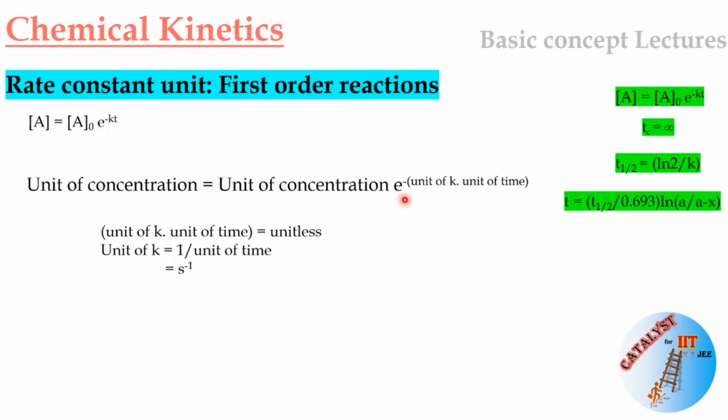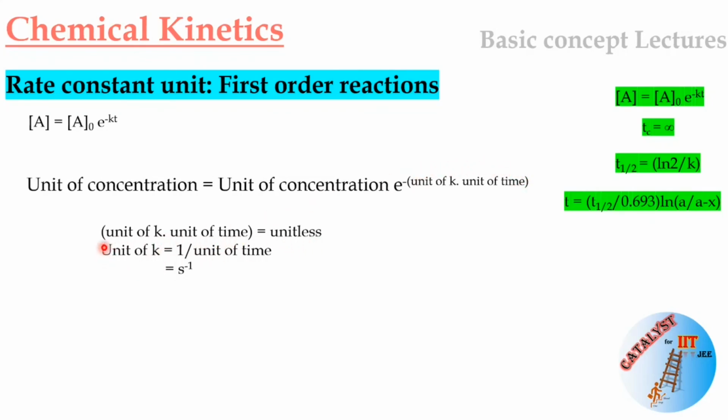But what is important to note here is that for any such exponential factor or exponential part, the whole part must be a unitless number. For exponential, for log, for ln, anything, this should be unitless. So unit of k into unit of time should be unitless.